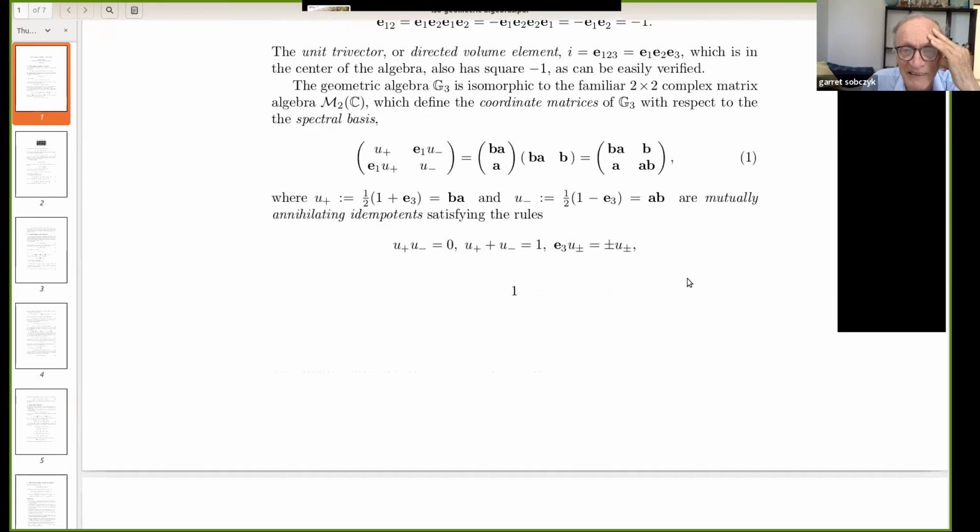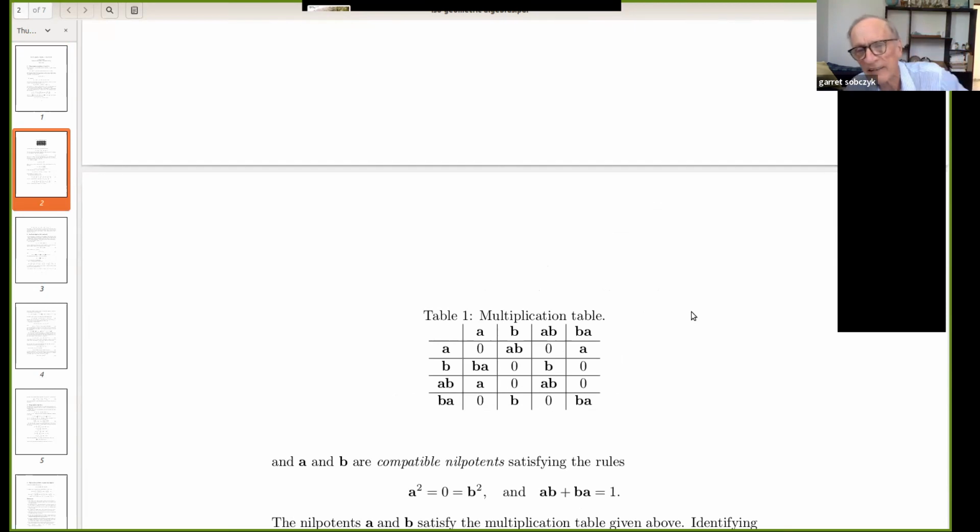Okay, let me get to the next page. You can see this is the multiplication table of the nilpotents A and B. A nilpotent is any algebraic quantity which has its square equal to 0. So A squared equals 0, which is equal to B squared. But then we have the products AB and BA.